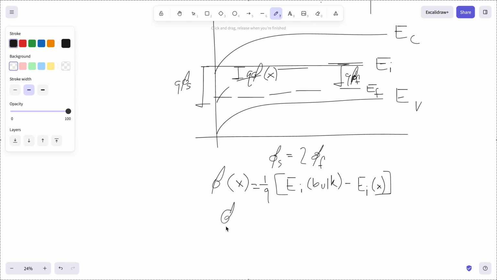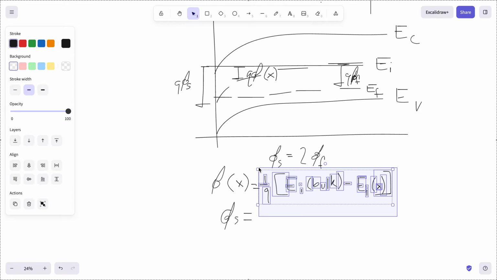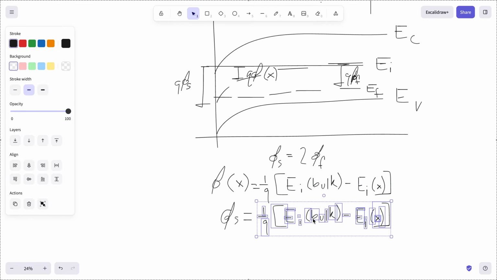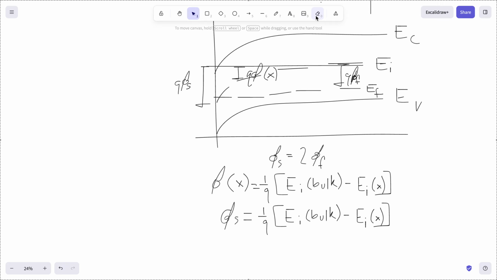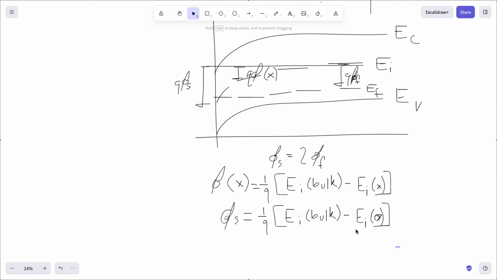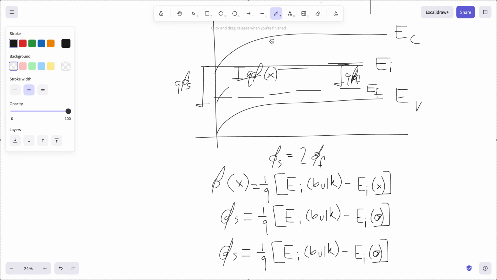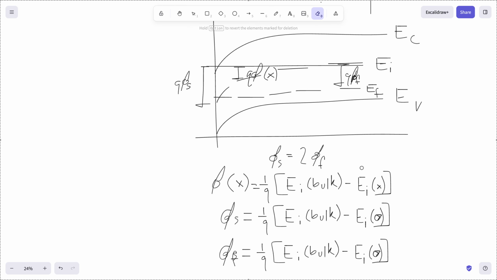Now, that means that our phi sub s can be defined as this expression, but at 0 instead of x. And similarly, phi sub f can be defined as E sub i bulk minus E sub f.